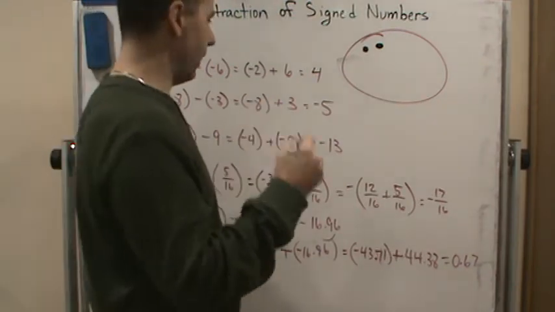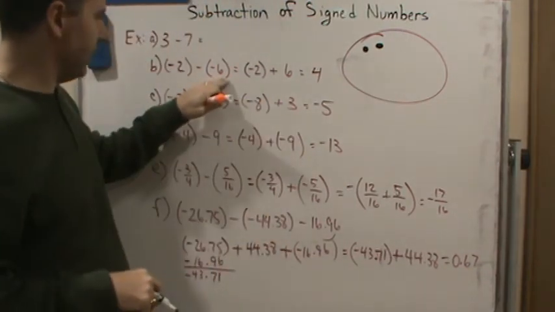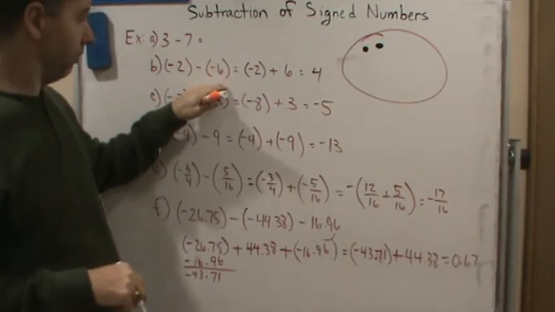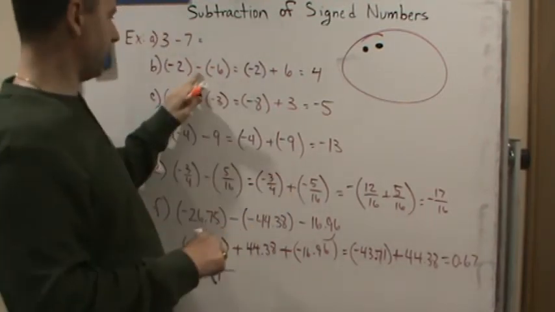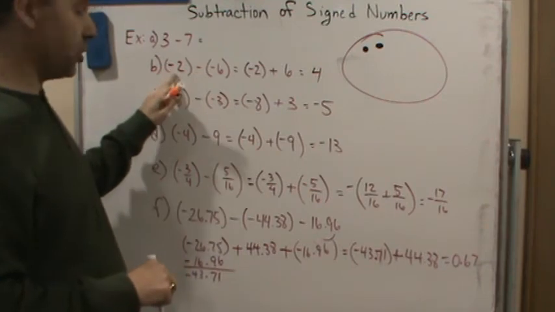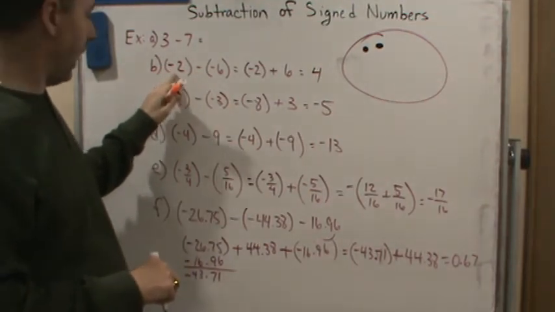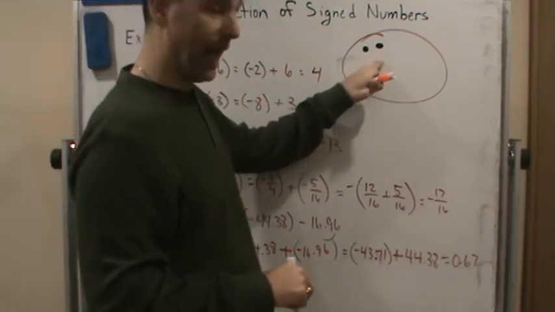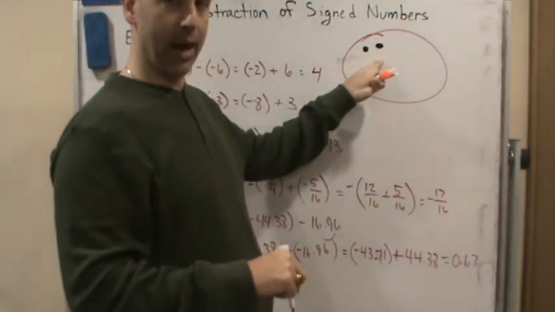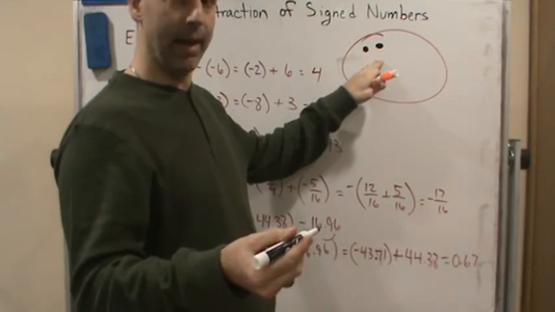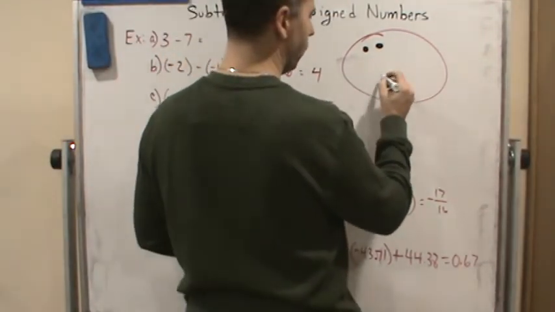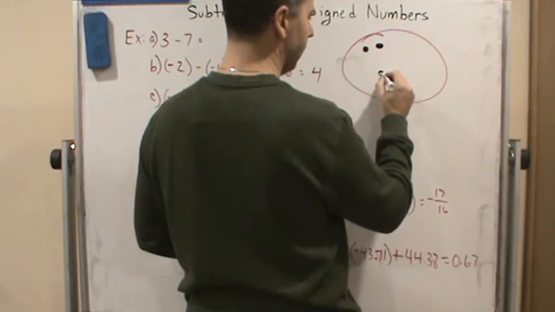So I'm adding 0. So what I'm going to do is, I need 6 chips to take away, right? That's what the subtraction means. I have 2 negative chips. I want to subtract 6 negative chips. I don't have 6 negative chips to subtract from, so I'm going to manufacture them, in a manner of speaking. So what I'm going to do is I'm going to add 0.